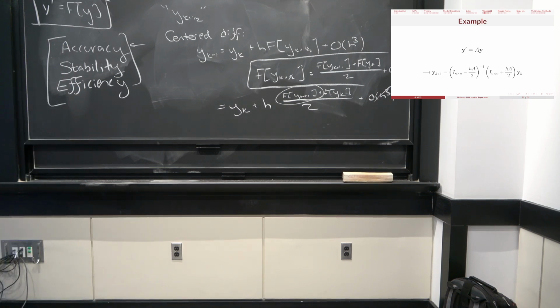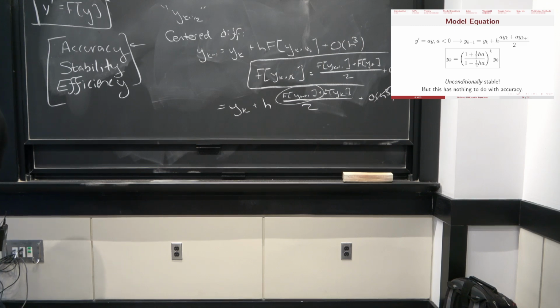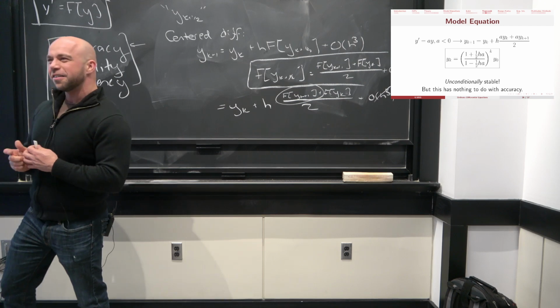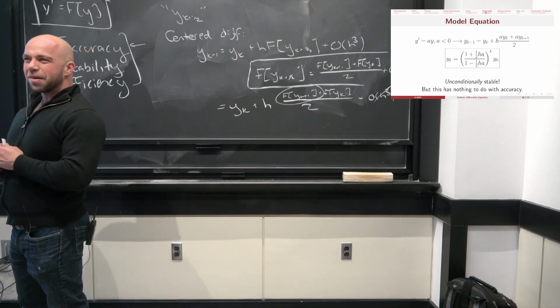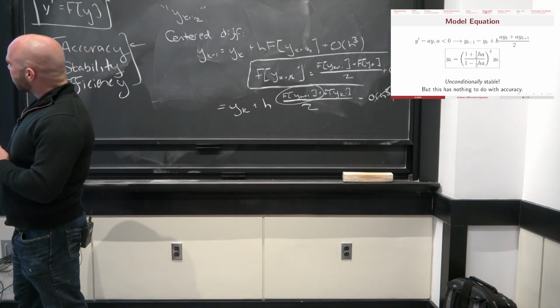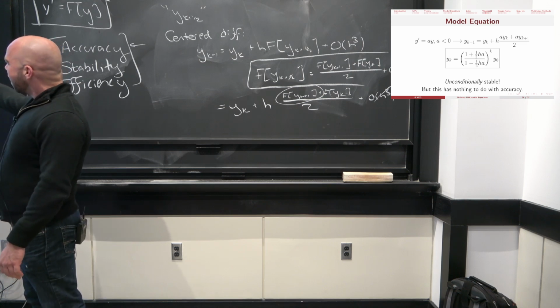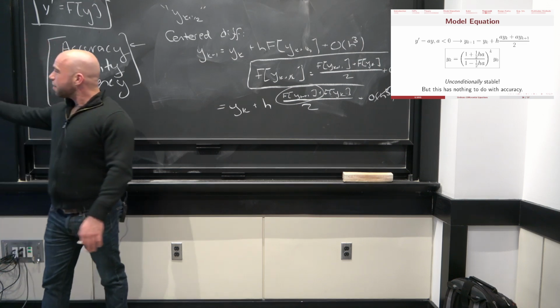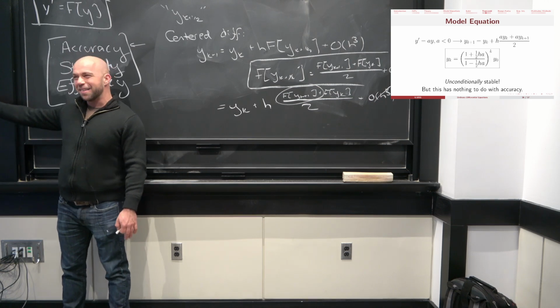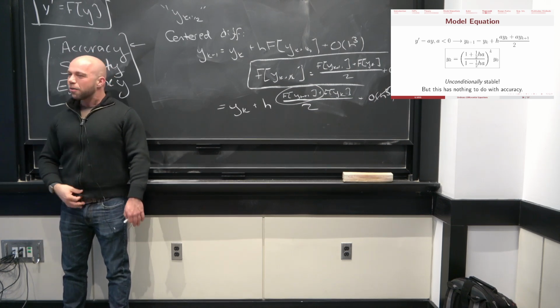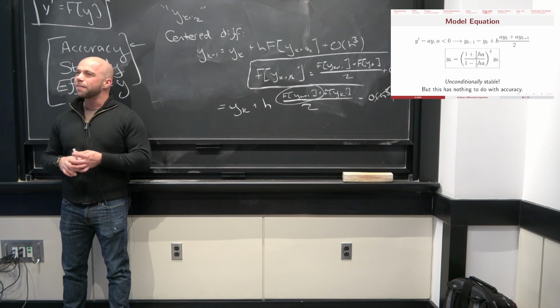Okay, so in any event, I think we can probably skip the stability calculation for this thing. If you're curious, here it is on the screen. It's a bit ugly to derive. It's just arithmetic, but it's ugly. So this is what it looks like for the model equation. And actually what you will find is that the trapezoidal method is unconditionally stable. There's never a situation like forward Euler where it can spiral out of control.